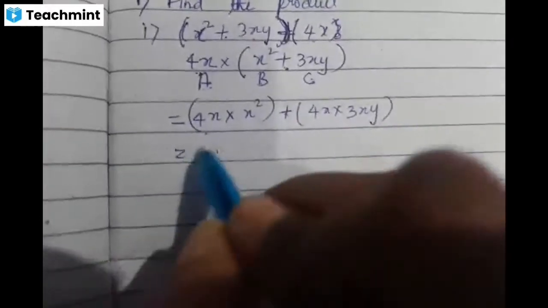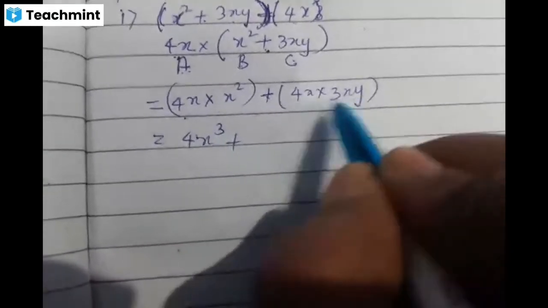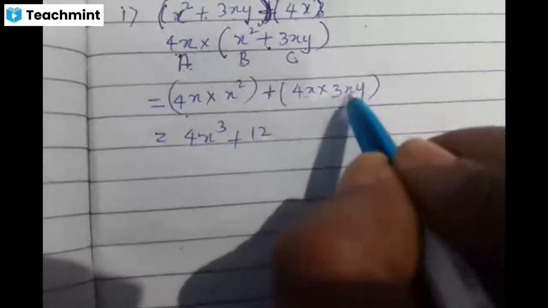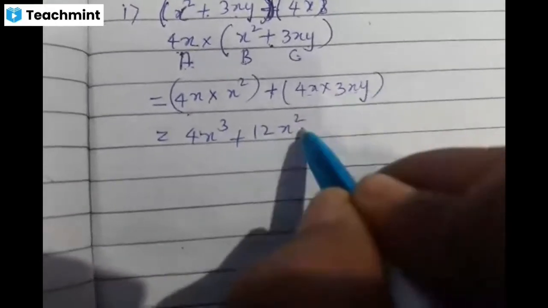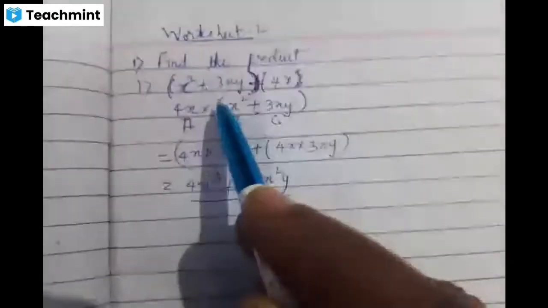Now we know how to multiply the monomials. 4x into x square is 4x to the power of 3, plus 4 threes are 12, x into x is x square, y as it is. So in this way, we have multiplied the given monomial with the binomial.